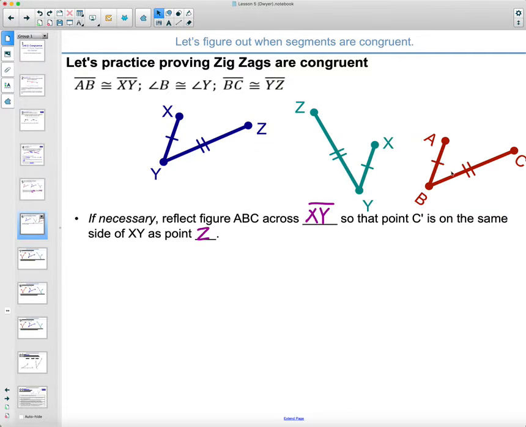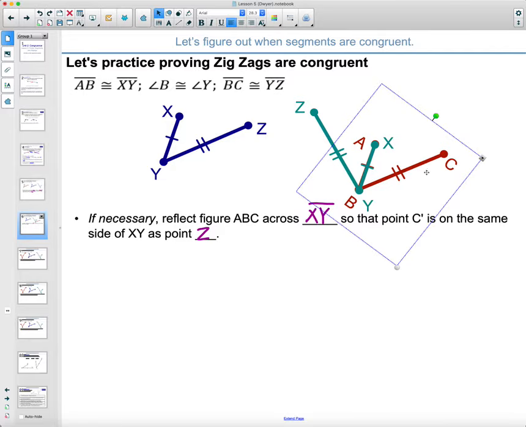So if it's not on the same side, you're telling your reader to flip it. Make sure C is on the same side of XY. If it's not, flip it. If it is, fine. That's why it says if necessary. So do it if you need to, don't if you don't.